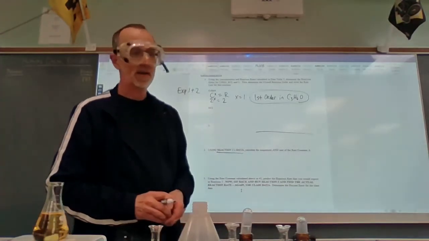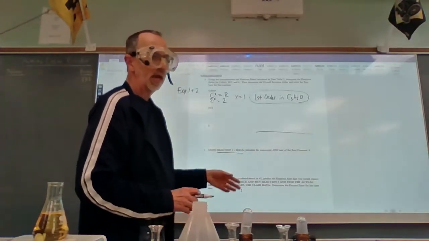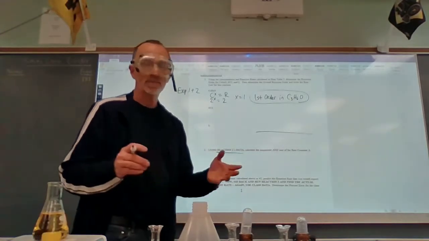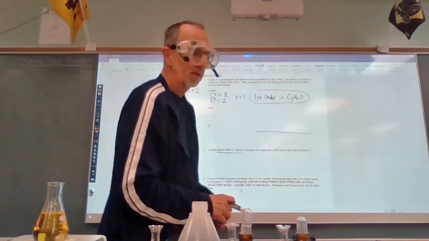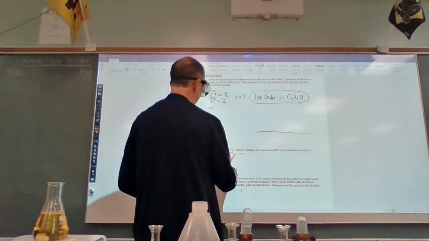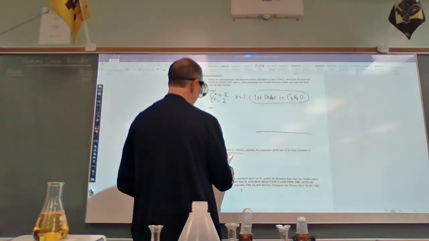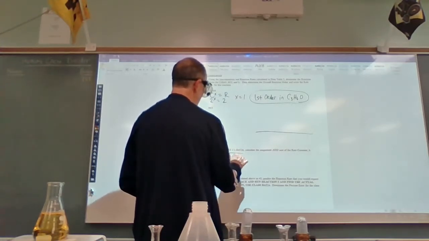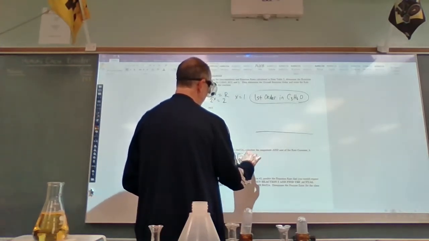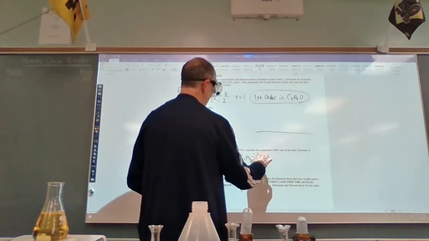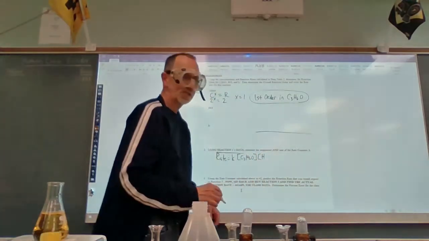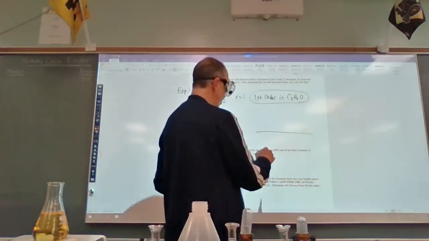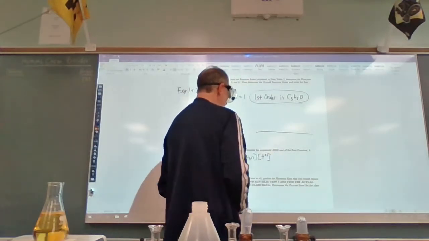HCl also ended up being first order, or hydrogen ion, which comes from the HCl, and the iodine was actually 0 order. So our rate law ended up being rate equals K times the acetone concentration times the HCl concentration, or the hydrogen ion concentration.